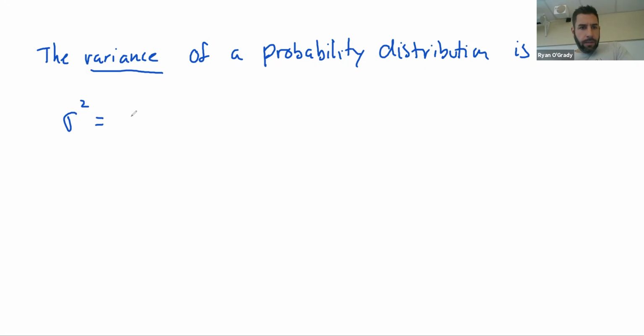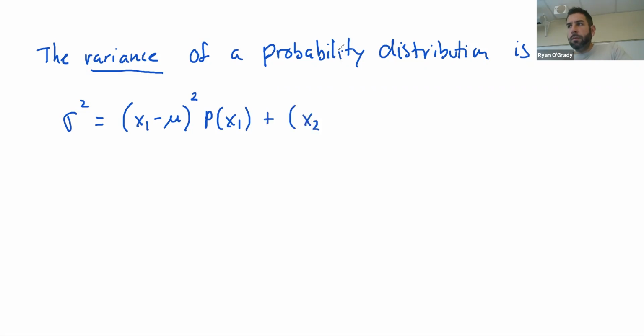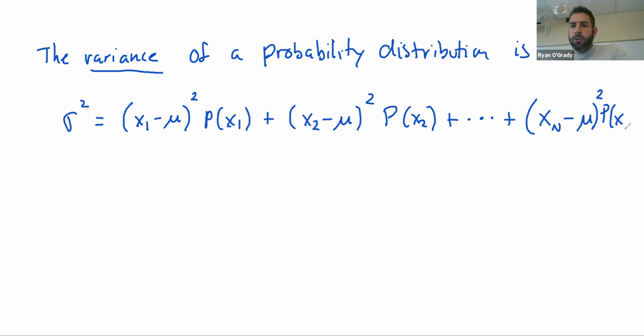And so we take x sub 1 minus the mean squared times the probability of x sub 1, plus x sub 2 minus mu squared times the probability of x sub 2. And this crazy pattern happens for all n of the outcomes. So as you can see, this is not always easy to compute.